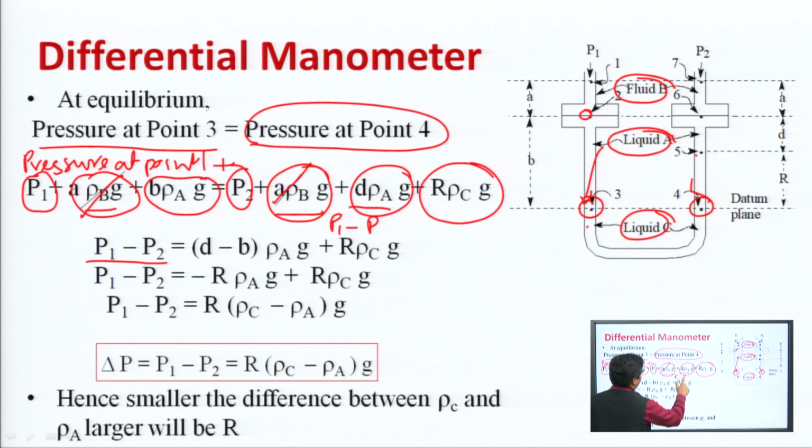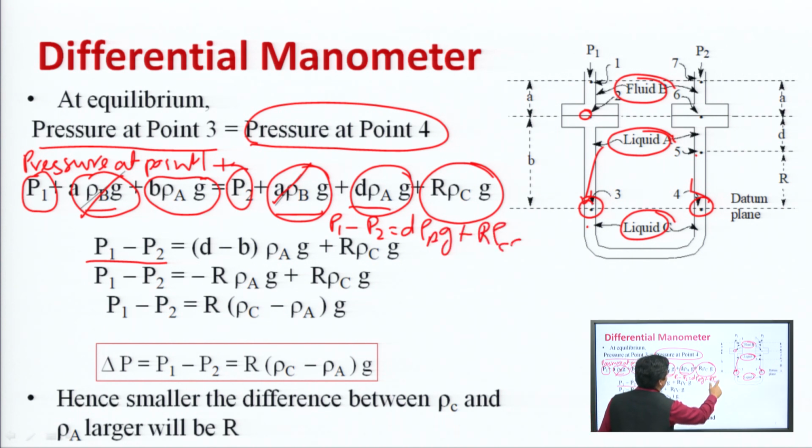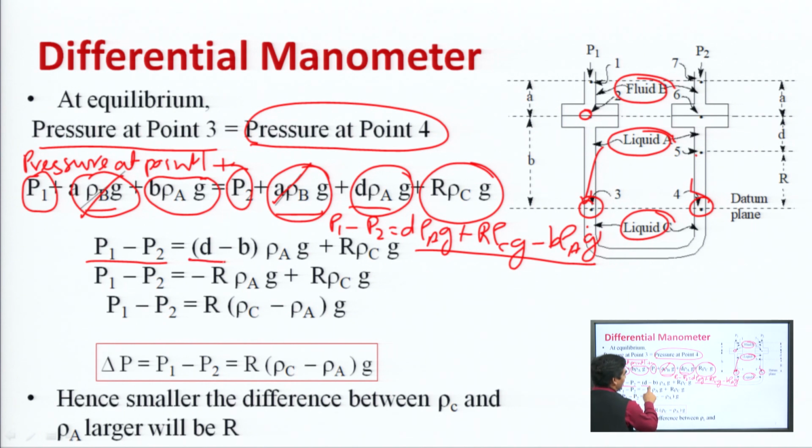Then after rearranging this, we will get (D minus B) rho A g plus R rho C g.